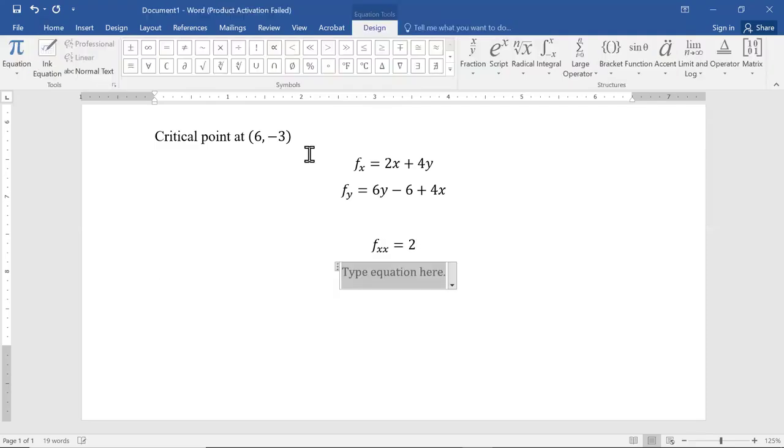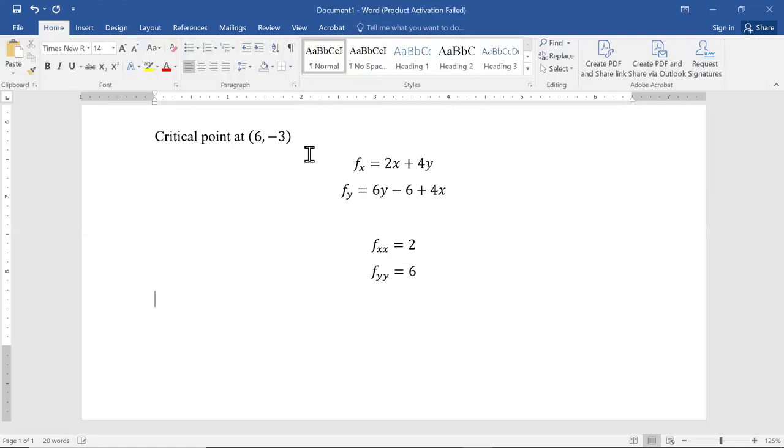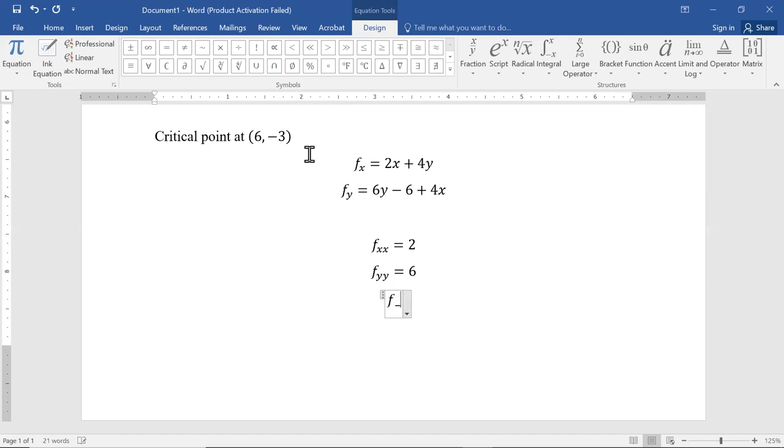F sub yy, second derivative, both with respect to y, gives me a 6. And f sub xy, when I take that derivative, I get a 4.